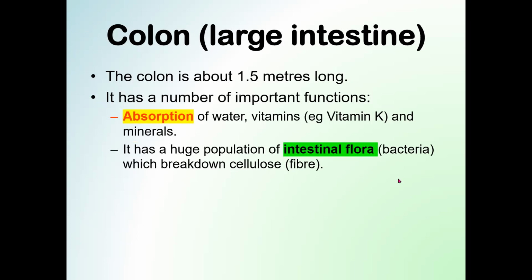It's got a huge population of intestinal flora, and they're the bacteria. There are more bacteria in number, many times more, than we have cells in our bodies. And these bacteria mostly break down cellulose.